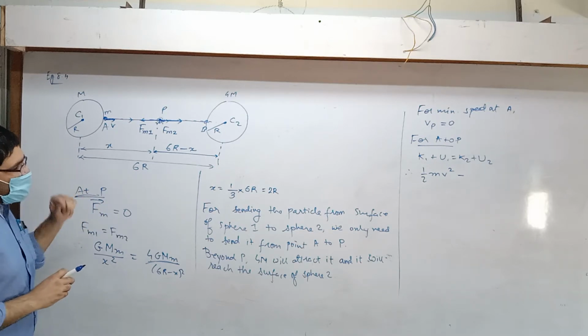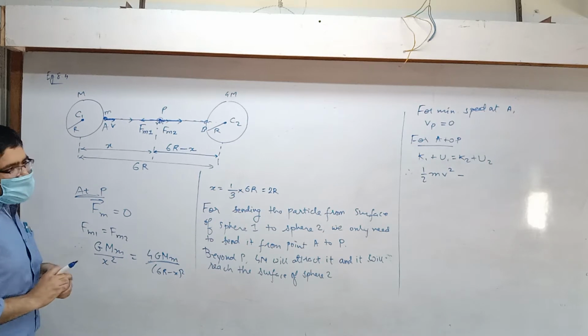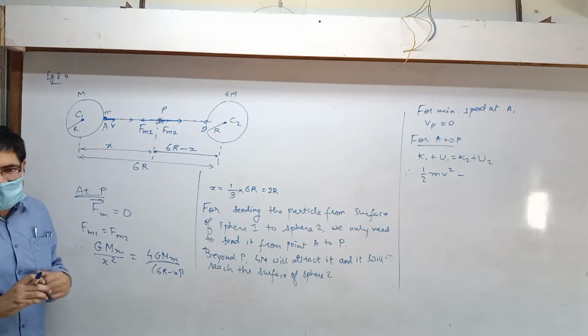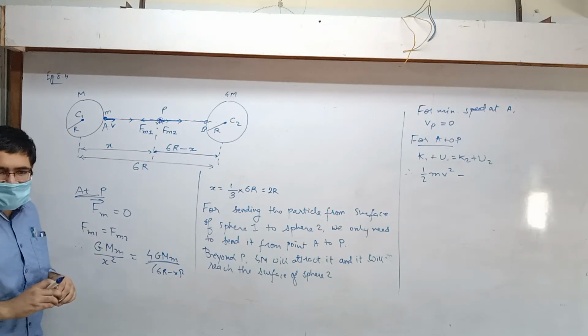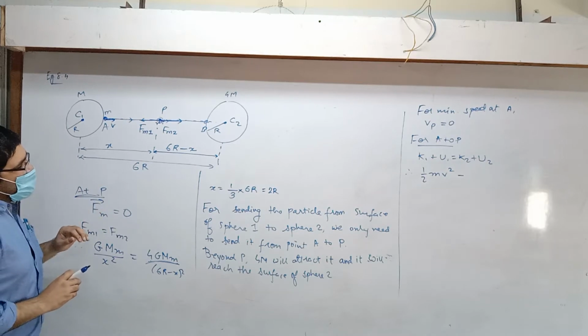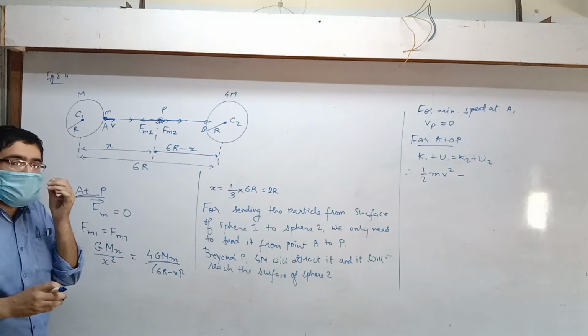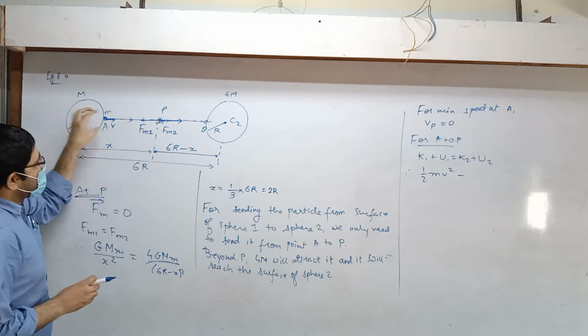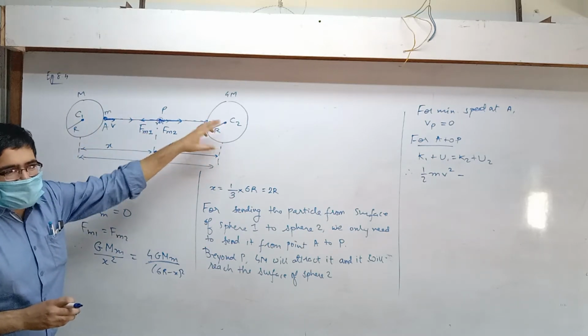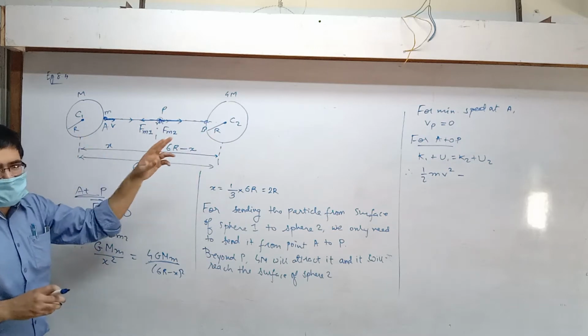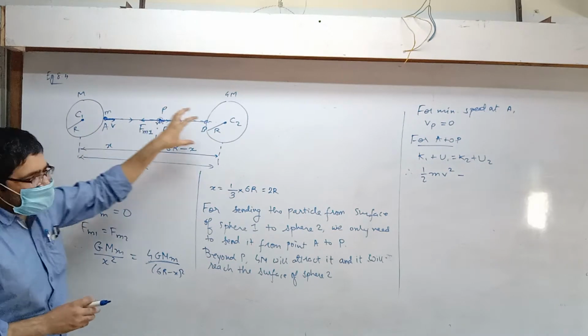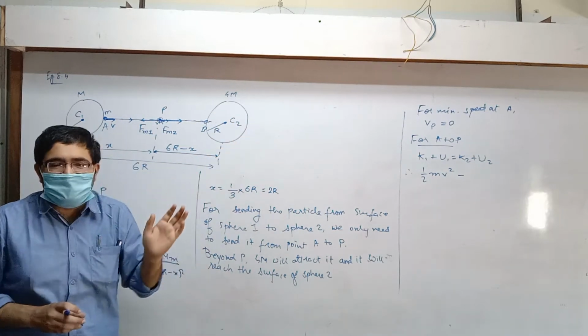But there is one thing about potential energy. Potential energy change is important, the value is not important. So if you think about it that way, one term out of those three will never change. These two are fixed. Their mutual potential energy, that is the potential energy of M with 4M, will never change.